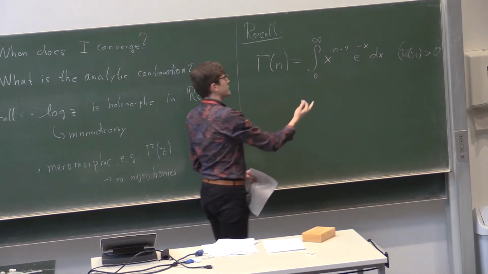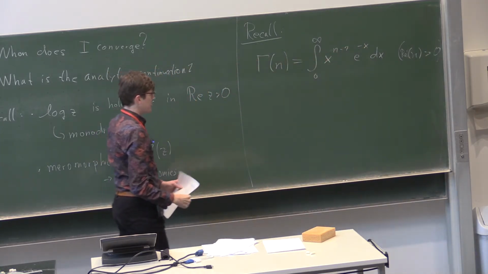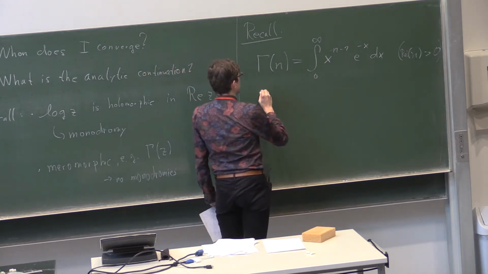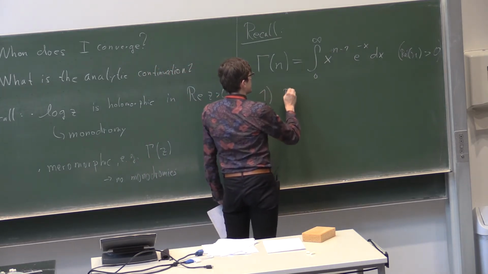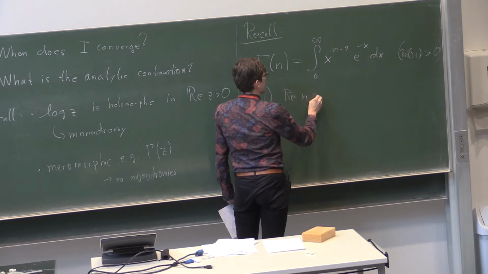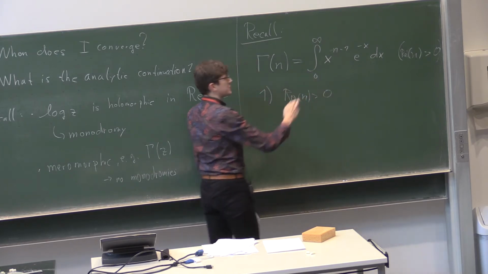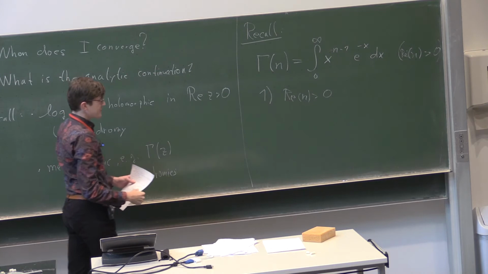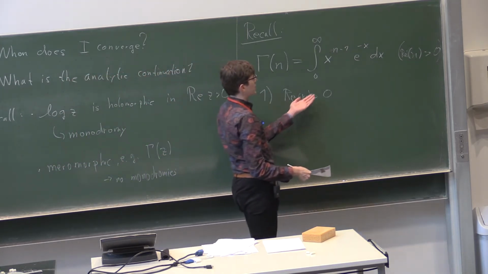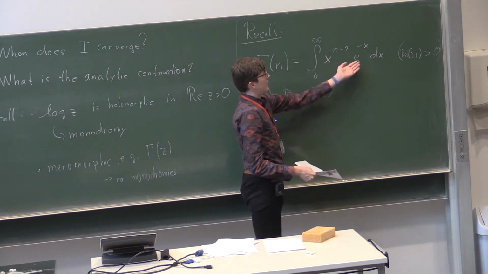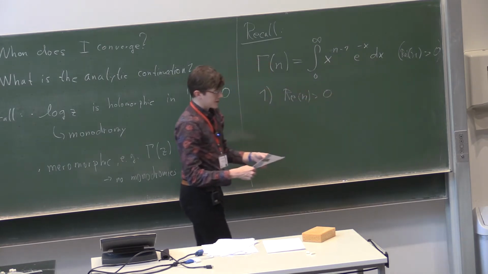Otherwise, this integral is divergent, it doesn't make any sense. So the answer to question 1 is clear. When does this converge? For real part of n greater than 0. That's very easy to see from the formula. If the real part of n is smaller, you get a divergence at 0. At infinity, you never have a problem because the exponential kills everything.